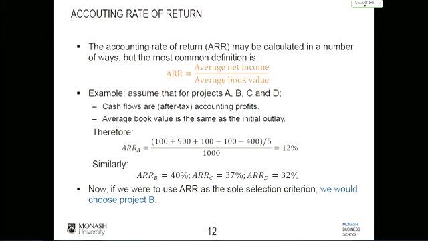So how about the accounting rate of return? So with the accounting rate of return, there will be a number of ways that we can use to calculate the ARR. That's not the only way that we can use, but because it is the common way, and that's why I introduce in here. And you can see the same method in your textbook as well, okay?